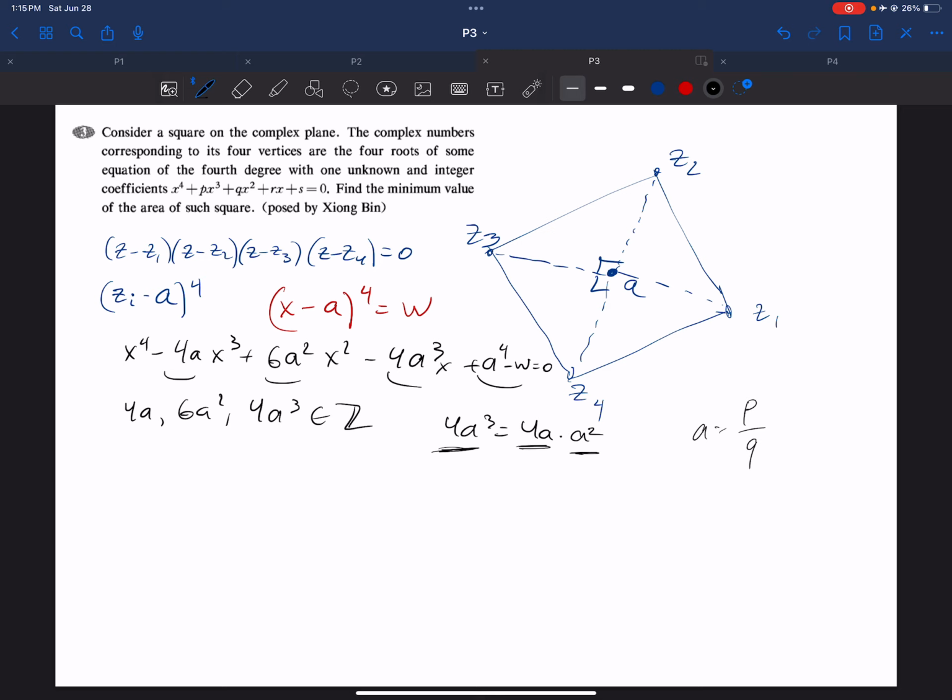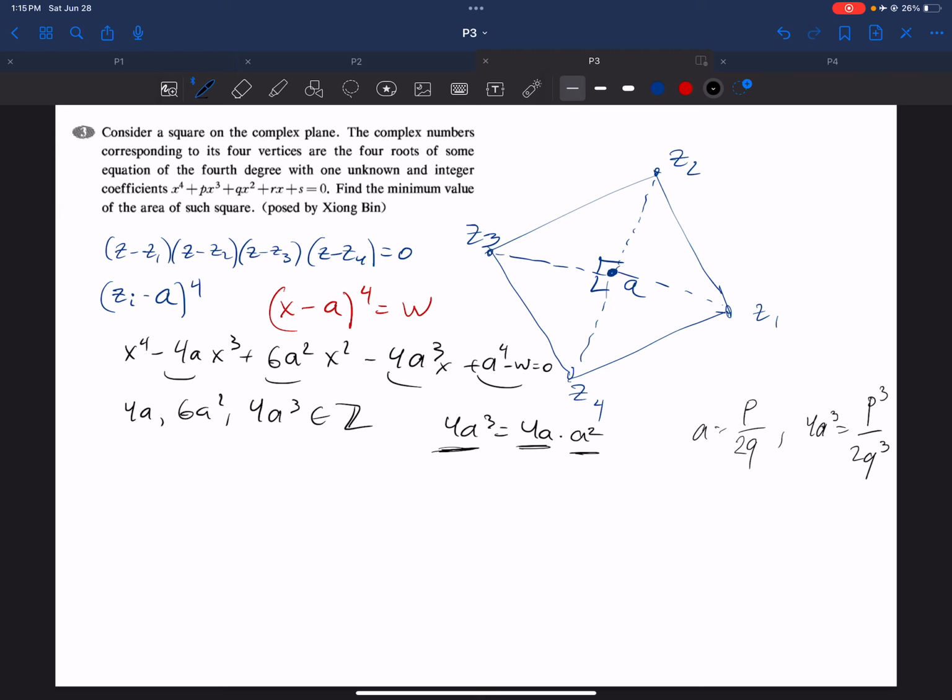So let's write it actually as p over 2q at least. Because only that multiplying by something like 4 will give you an integer, but then 4a cubed will be p cubed over 2q cubed.